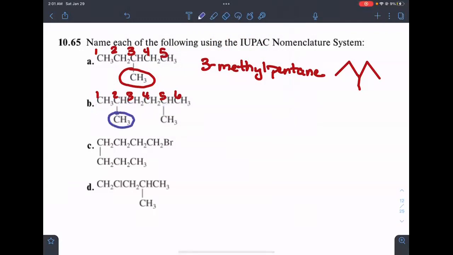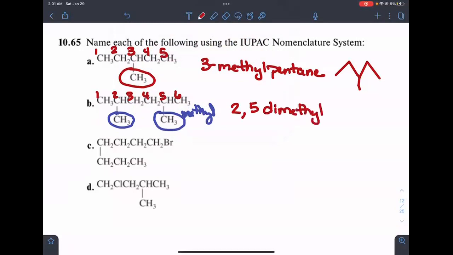So I have my main chain, and then I have 2 substituents, 1 at carbon 2, 1 at carbon 5. They're both methyl groups. So if I were going to write the name, I have 2 of them, so be careful with this one. I want to say 2,5, because that's where my methyl groups are. I have 2 of them, so I'm going to call it dimethyl, and then I need to name the parent chain. The parent chain is 6, so that is hexane.